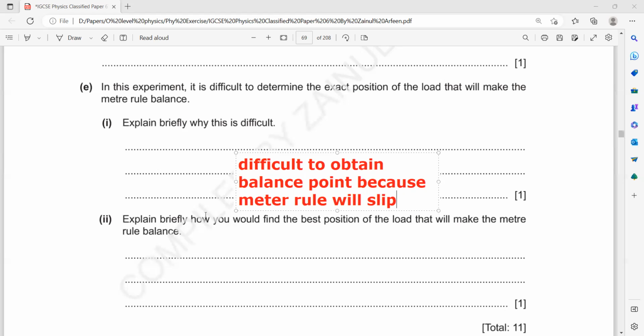Then how would you find the best position of a load that makes a meter rule balance? So how can we do this? We simply estimate the position before placing a load on a meter rule.